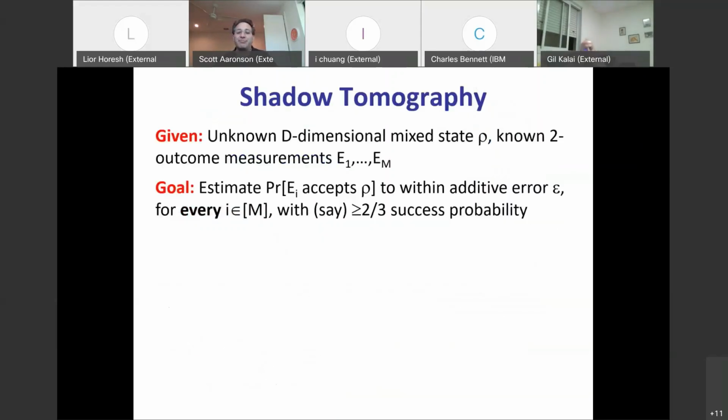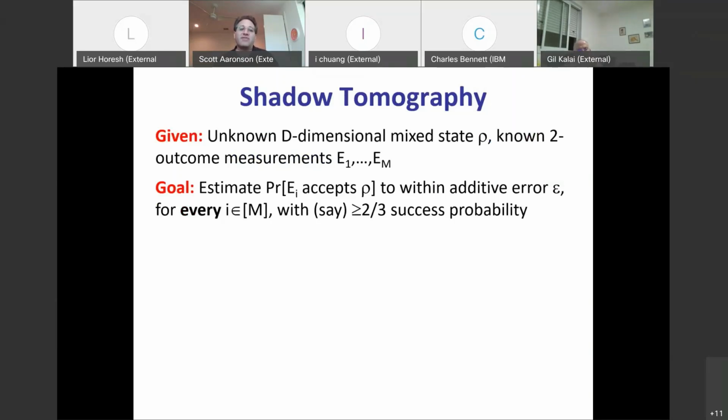So for various reasons, around 2016, I defined a problem for which I adopted the name of shadow tomography. I didn't know whether this was possible or not, but I raised the question. Let me tell you what this task is.